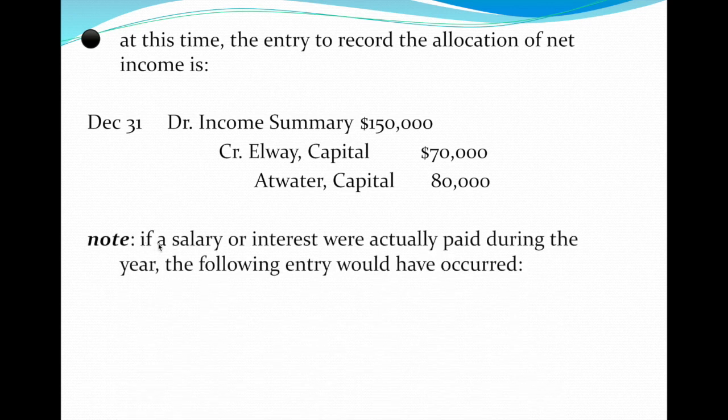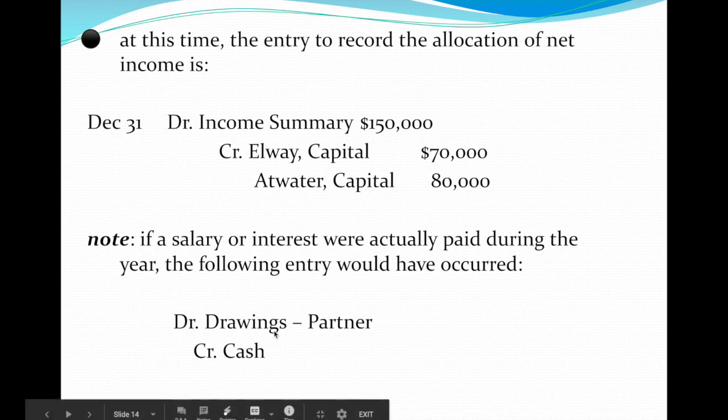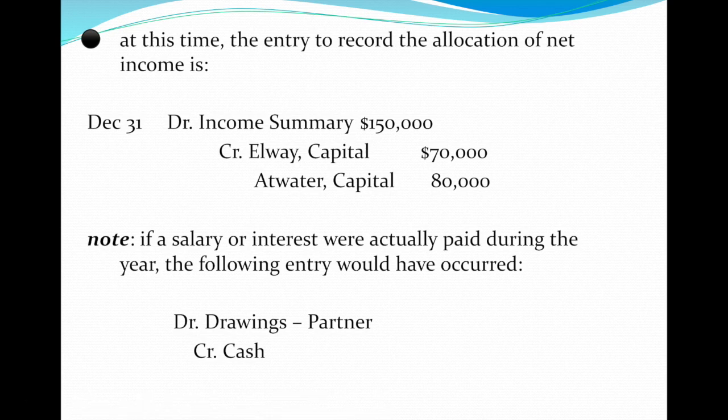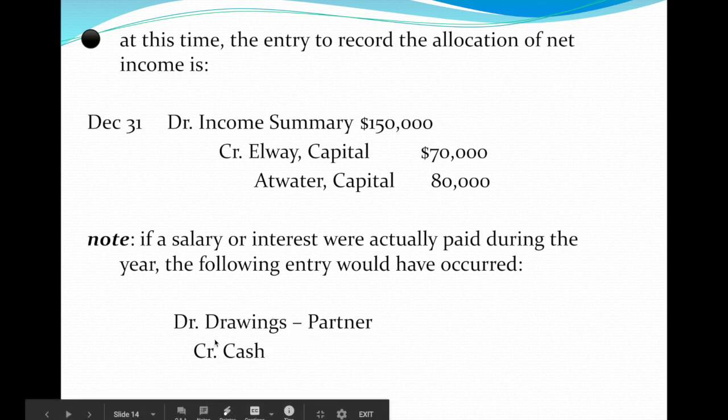Note that if salary or interest were actually paid, then the following entry would have occurred. Don't forget, we don't use salary expense for the partners because they're not employees. So if they each get a salary, it would be drawings for the one partner, drawings for the other partner, and then cash.